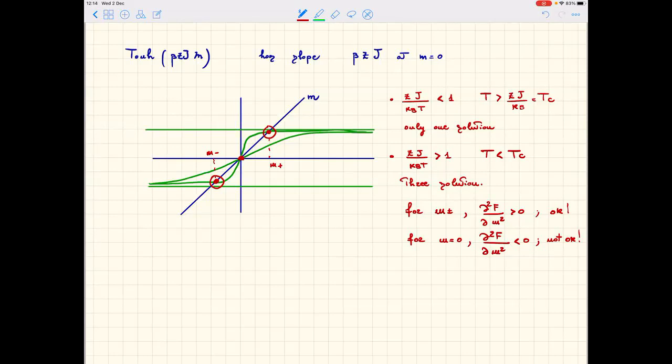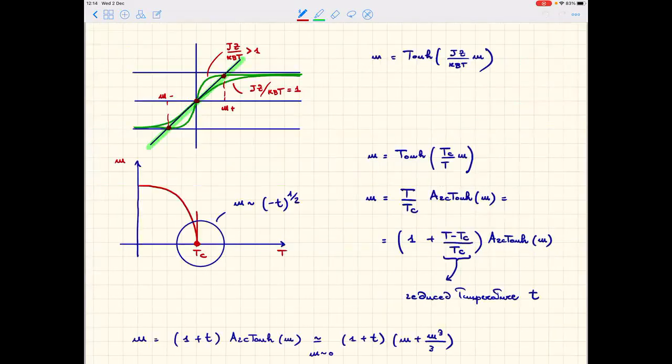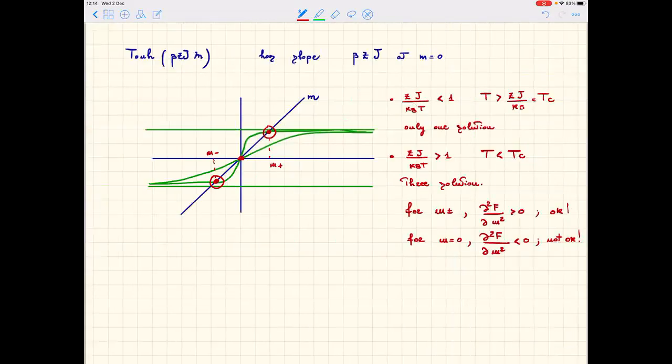Now the critical exponents. Here, what I'm plotting is one of these two solutions, let's say m plus, as a function of... Yes, can you repeat the part about the minimum of free energy? Why the second derivative?